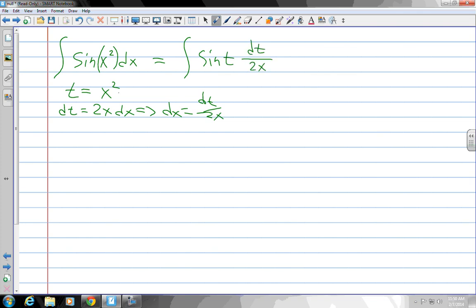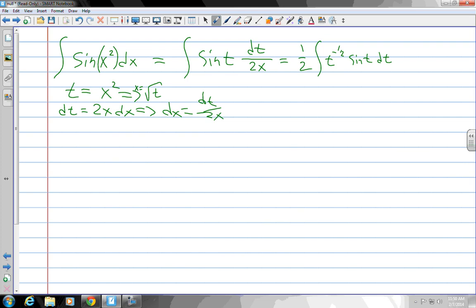So what is x? I mean, technically it's square root of t. I'm not sure how to handle the plus or minus part yet. But if we do it that way, 1/2 comes out, so this is t to the negative 1/2 sine of t dt, right?